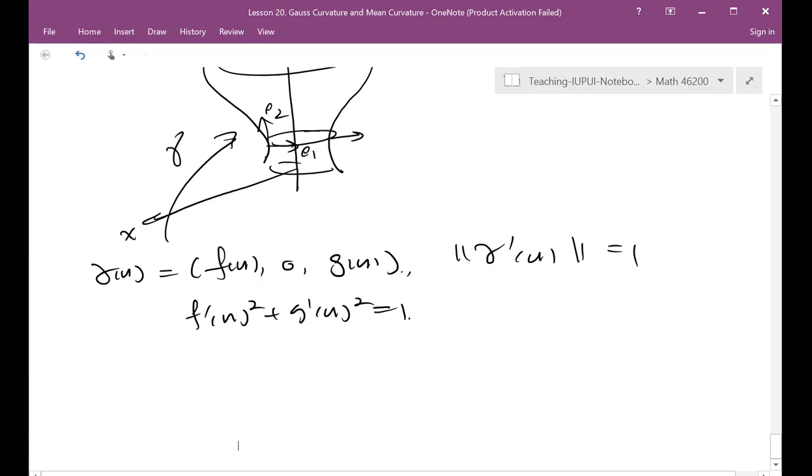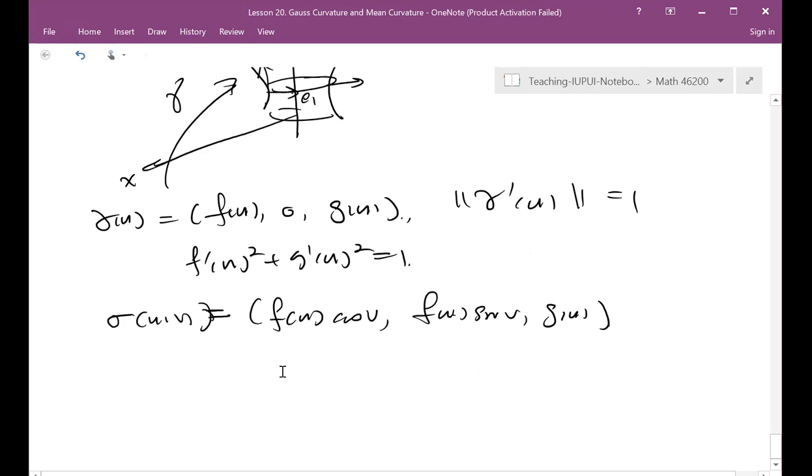So sigma(u,v) is going to be (f(u) cosine v, f(u) sine v, g(u)).